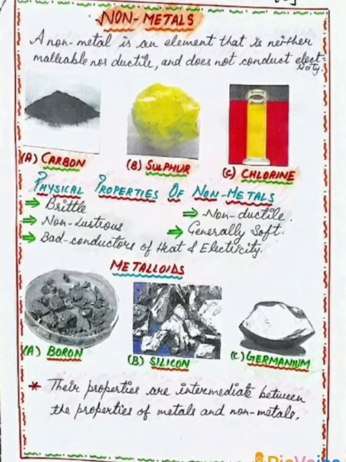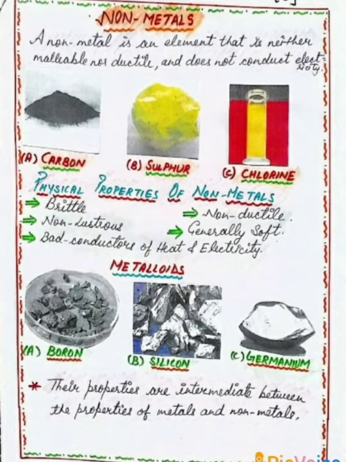Some of the examples of nonmetals are carbon, sulfur, phosphorus, hydrogen, oxygen, nitrogen, chlorine, bromine, iodine, helium, neon, argon, krypton, xenon, etc. Diamond and graphite are also nonmetals, and they are the allotropic form of carbon. All the nonmetals are solid or gases except bromine, which is a liquid nonmetal at room temperature.